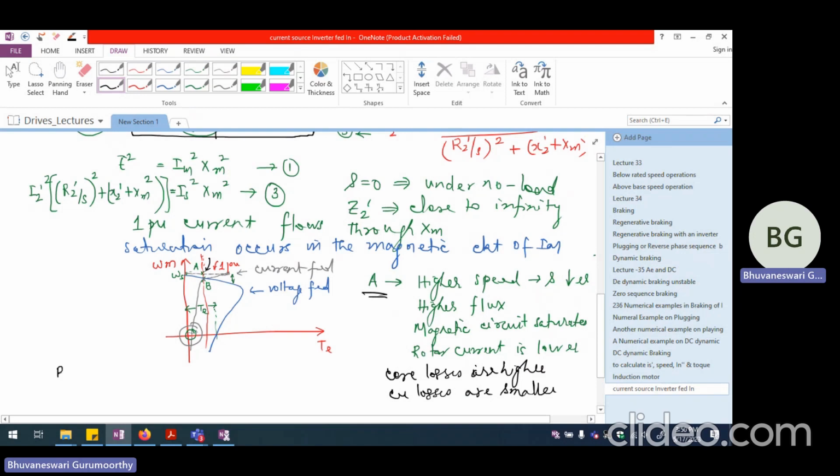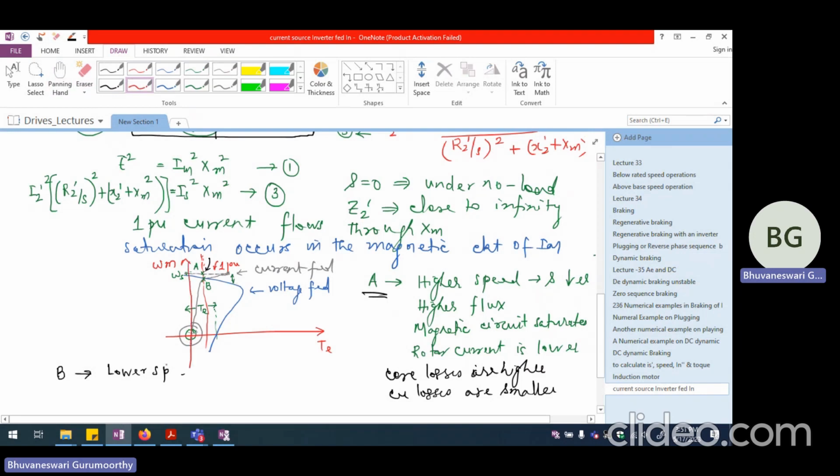Whereas if I look at point B, this point B will be having lower speed. So exactly it will be the opposite of whatever we said in the case of point A. Let me draw this once again.